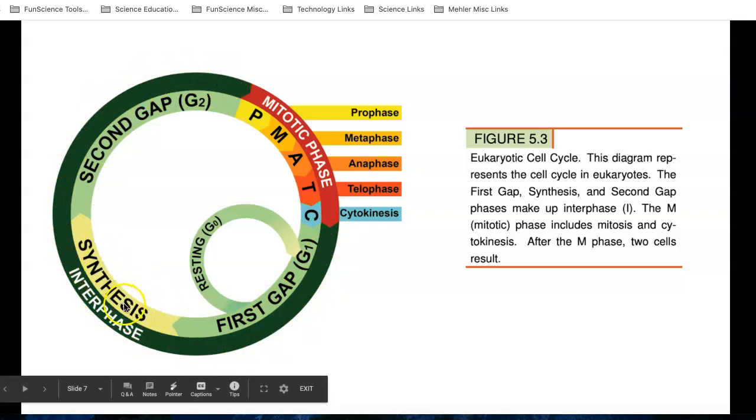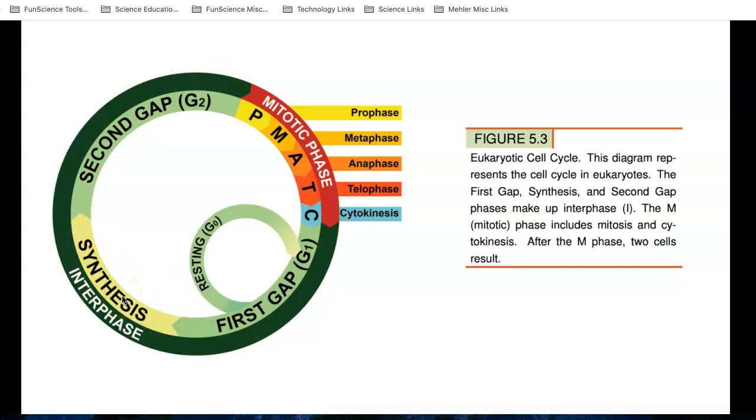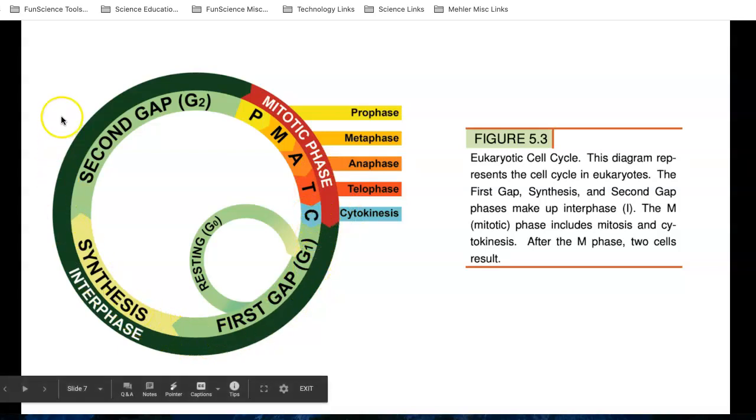But in the synthesis part of interphase, that's where the DNA doubles. And then we go into the second gap, G2, and then this is where the nucleus divides in stages called prophase, metaphase, anaphase, telophase. Cytokinesis, the cell actually divides. It's now two daughter cells, and the whole cycle starts again.